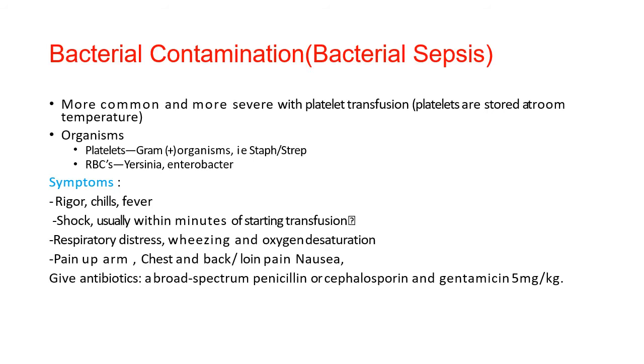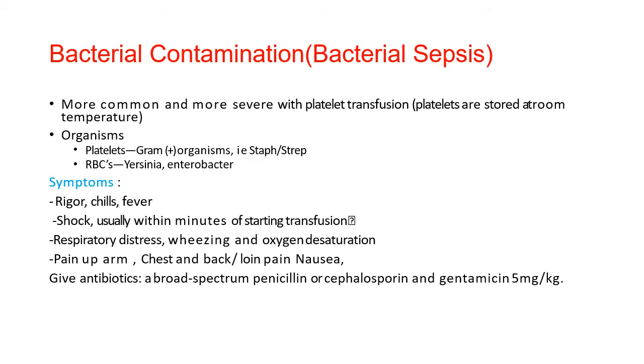One other type of reaction is bacterial contamination or bacterial sepsis. It is more common and more severe with platelet transfusion. Why? Because they are stored at 22 to 24 degrees centigrade. Organisms can be gram-positive organisms like staph or strep, or if RBCs are transfused, it can be Yersinia or Enterobacter.